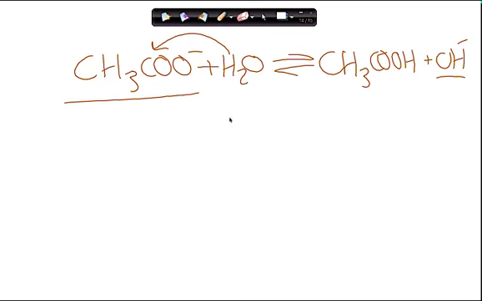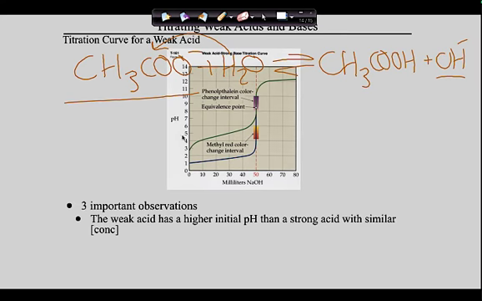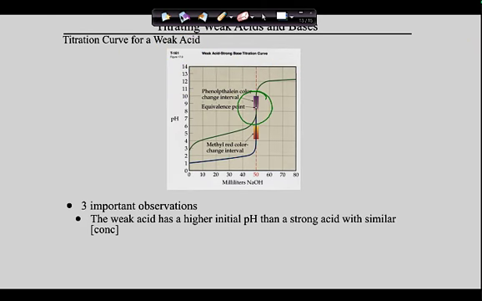After equivalence, what does this look like? Here we go. After equivalence, it's just like the strong titrations. It's just a moles-based subtraction. So notice how I've represented that in this table.